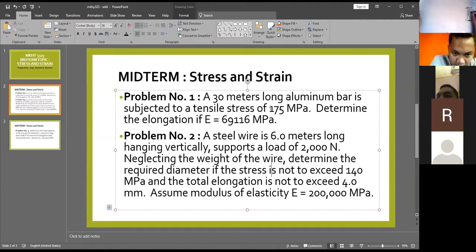And the length is 6 meters. We are going to determine, because of the load, the tendency of the wire is to elongate. So this is the elongation.